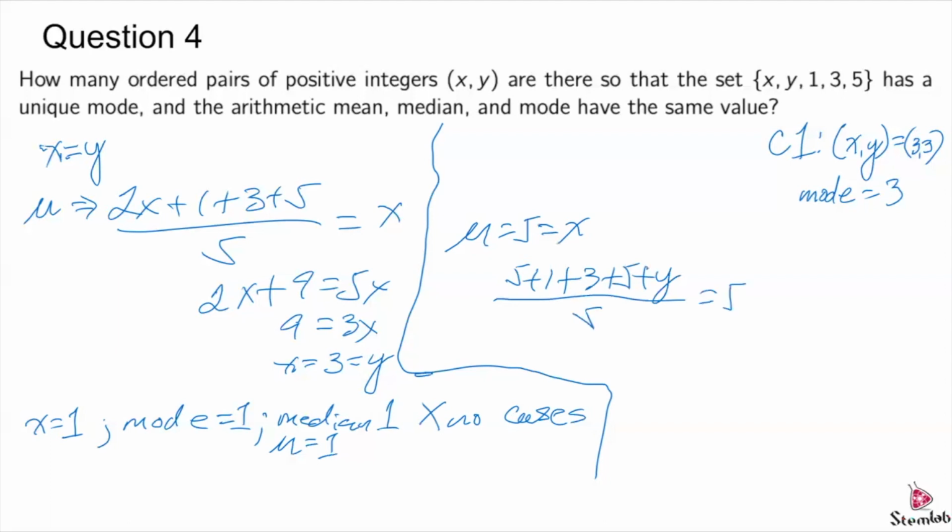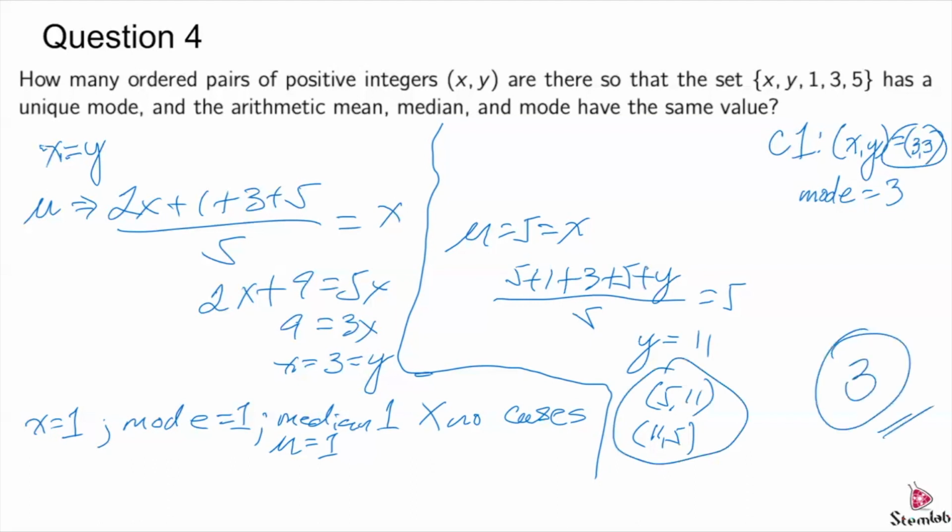With a bit of manipulation, you should get y equals 11. So another case is (5, 11), and flipping x and y, we also get (11, 5). Since there are no cases for mode equals 1, and mode equals 3 needs x and y equal, we only have these 3 cases. So the answer for this one is 3.